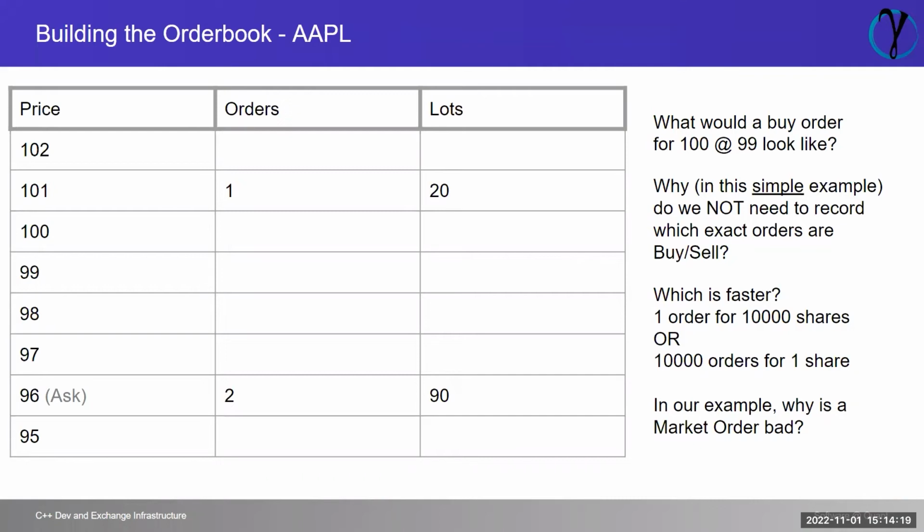Now let's look at the 10,000 orders for one share. Instead of N market participants, you have M shares, M orders. It will always send out 2M messages, right?